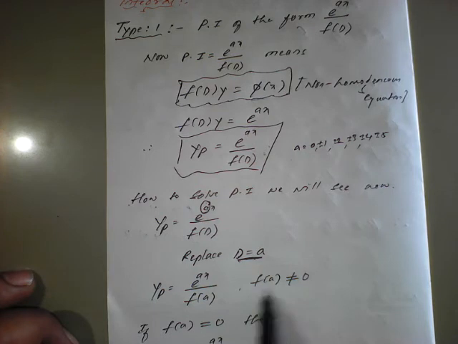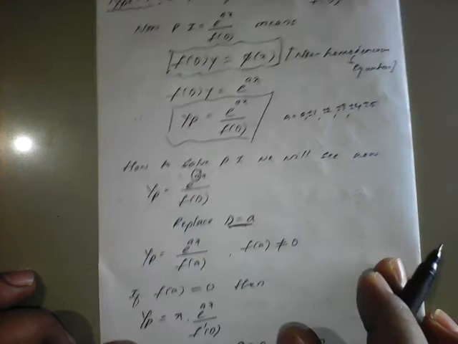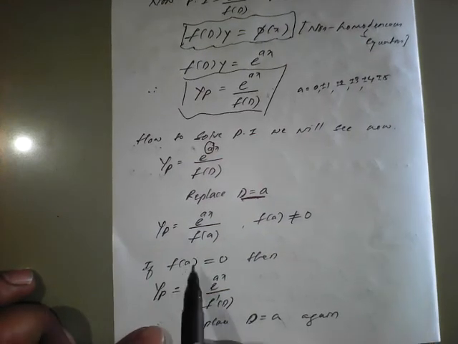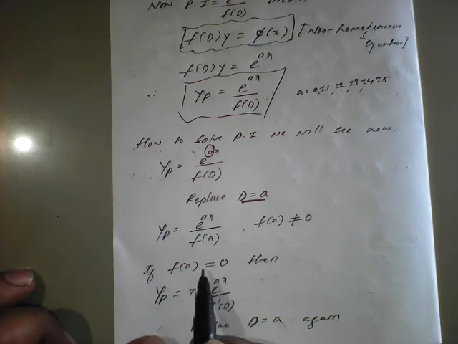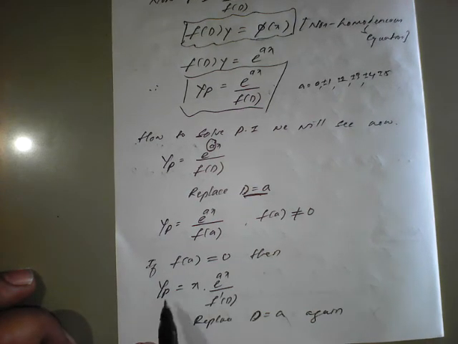So we should check that after replacing D equal to a, it does not turn to 0. Suppose after replacing D equal to a, the answer turns to 0, then yp should be written as e raised to ax upon the differentiation f dash of D.